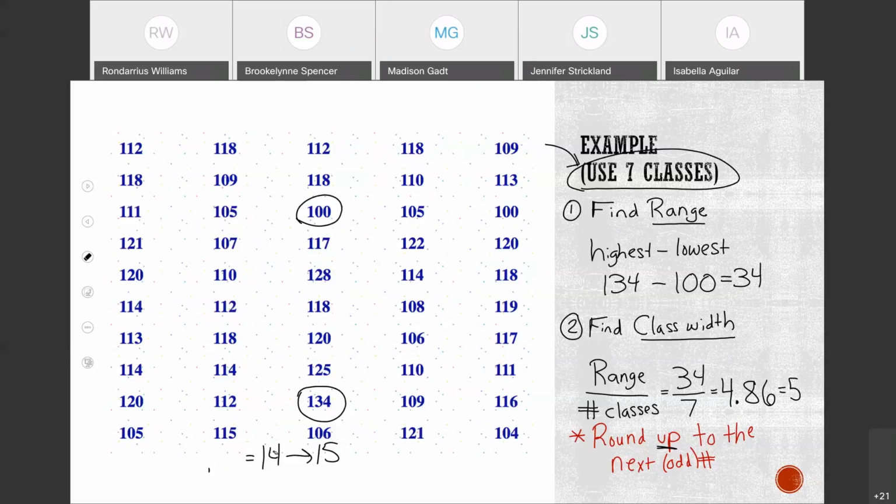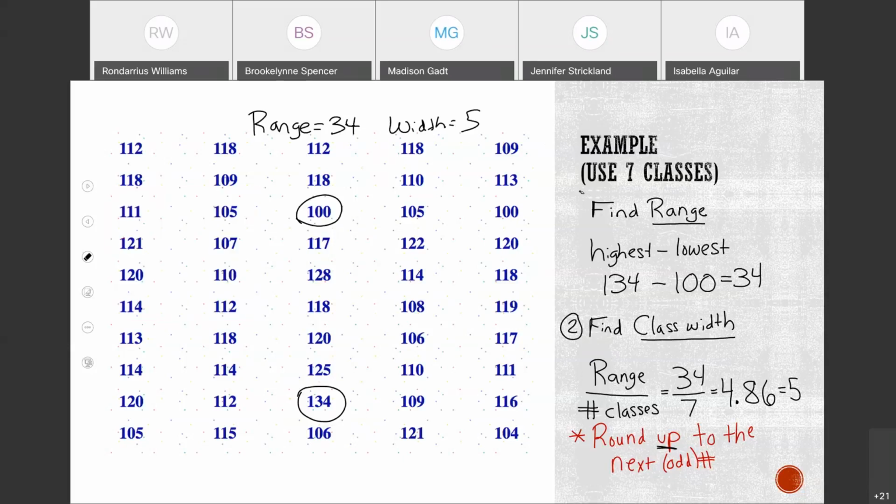Okay, so let's go ahead and see what we can do for our chart. I'm going to erase a little bit. I'm going to write up here what we got. We found the range to be 34. And then we found a width of 5. All right, so let's go ahead and set up our chart.